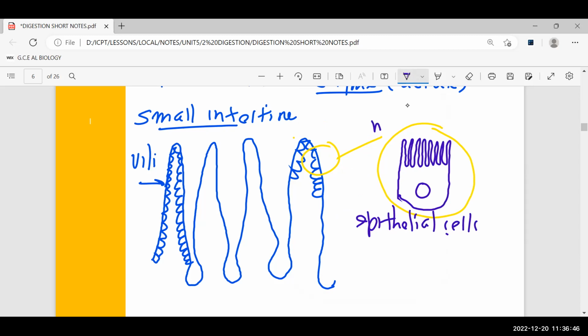These projections are called microvilli. It's double I, right? Microvilli.